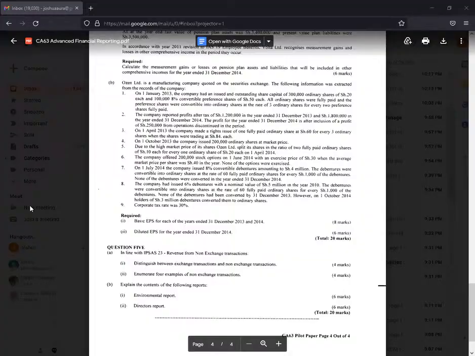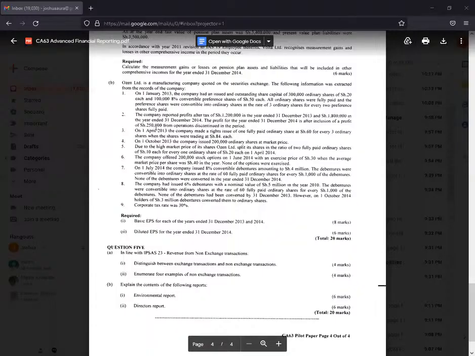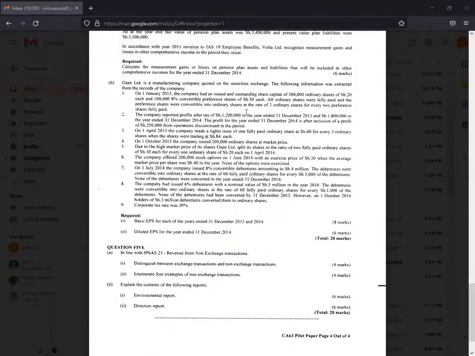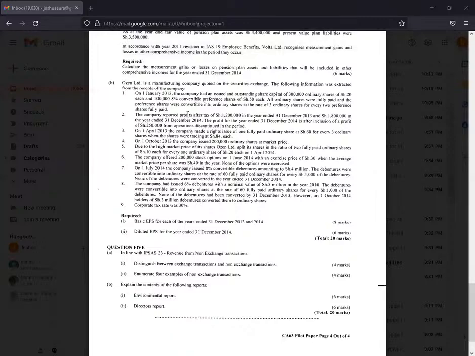On 1st January 2013, the company had issued and outstanding share capital of 300,000 ordinary shares of 20 each and 100,000 8% convertible preference shares of 50 each. All ordinary shares were fully paid and the preference shares were convertible into ordinary shares at the rate of 3 ordinary shares for every 2 preference shares fully paid. But we never converted anything. They're only convertible.